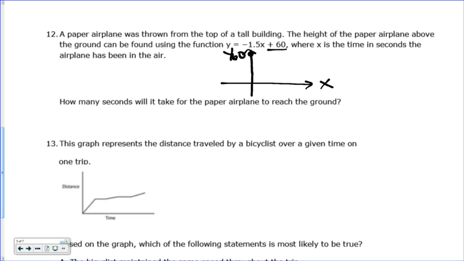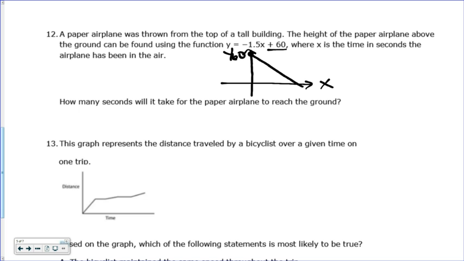And then I have a negative slope, so that tells me that it's decreasing 1.5 by 1 each time. So I've kept going, and because it's a negative slope, I'm going to do something this direction. Okay, that's probably not an accurate slope, but it is giving me an idea of what's happening.